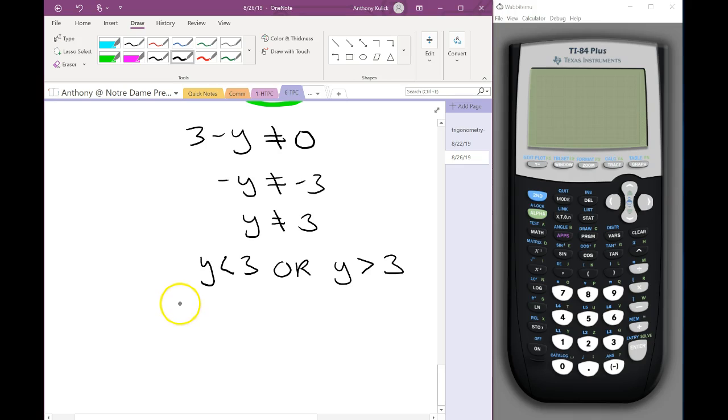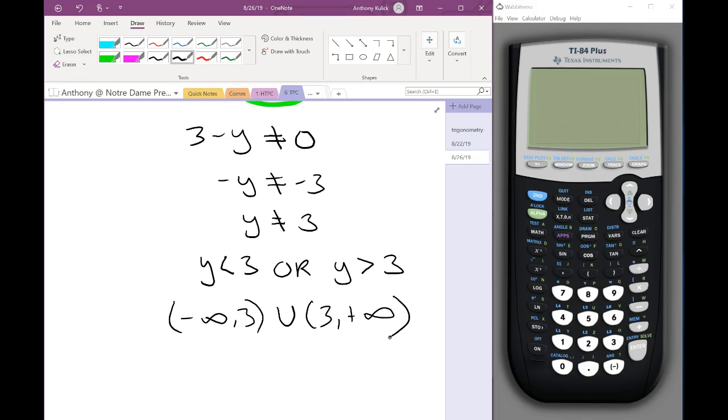And then writing this as an interval, I know I have -infinity to 3 union 3 to positive infinity, which is what we observe by looking at our graph. Questions on what I did here?